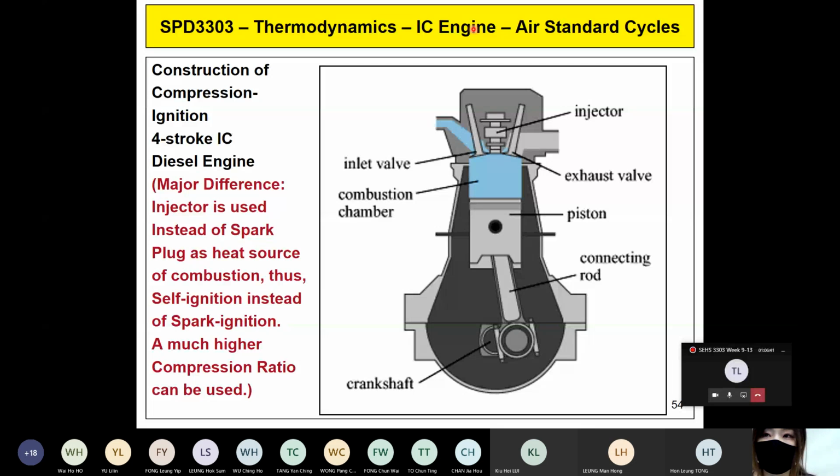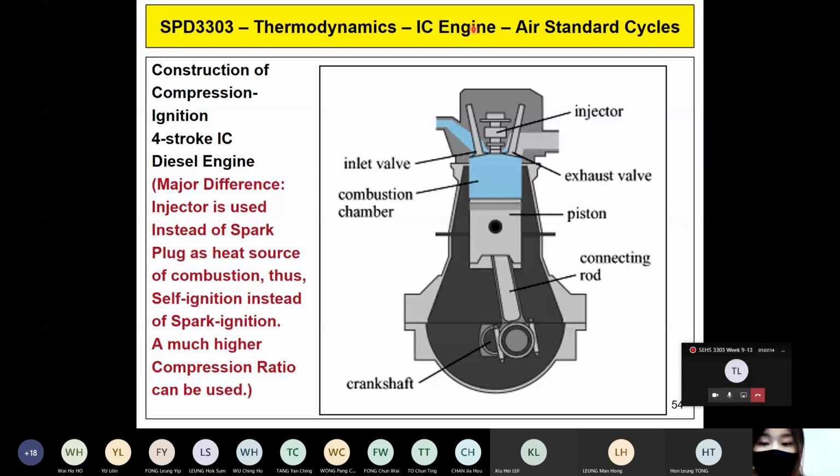So actually, they share the same working principle. By using reciprocating motion, you can convert energy through compression, combustion, expansion, and exhaust of your burnt gas.